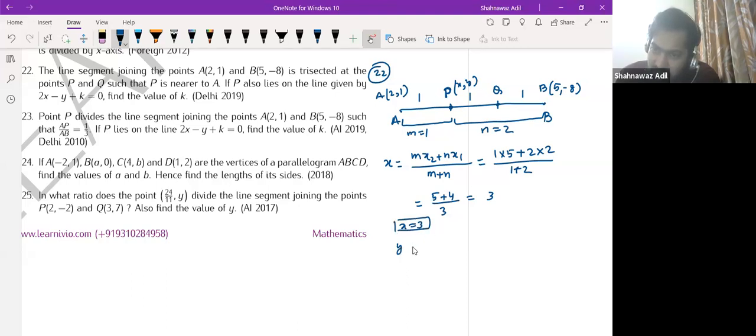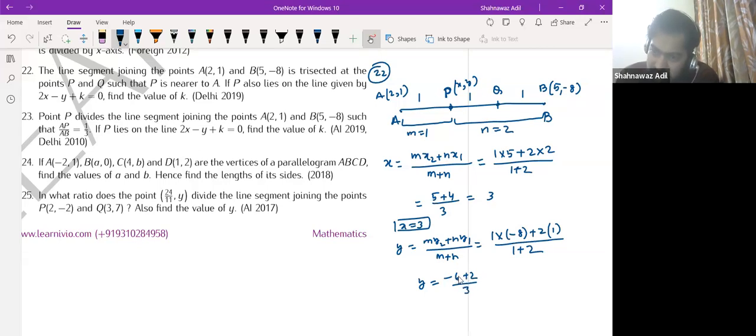Now what would be y? Y would be m y2 plus n y1 divided by m plus n. So m is 1, y2 is minus 8, and n is 2, y1 is 1, divided by 1 plus 2. So this is minus 8 plus 2 divided by 3.